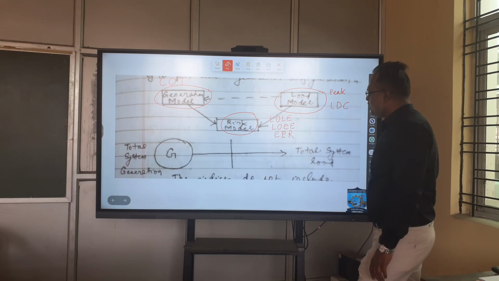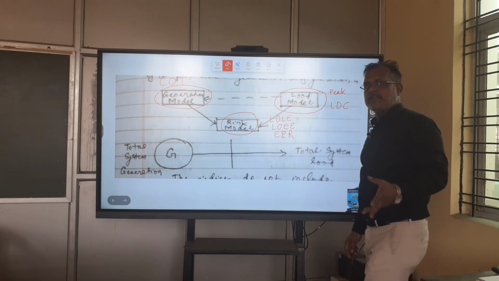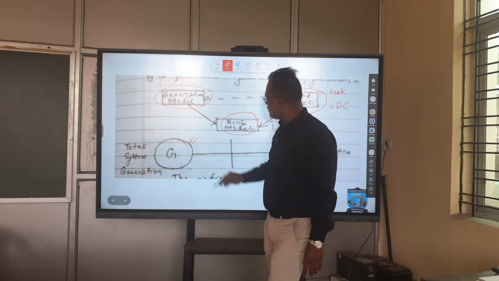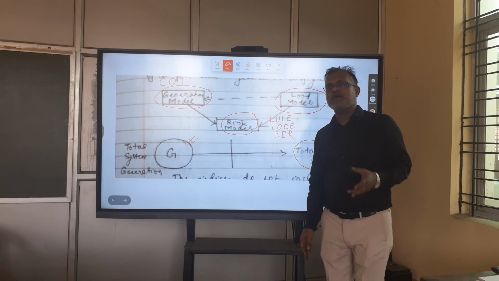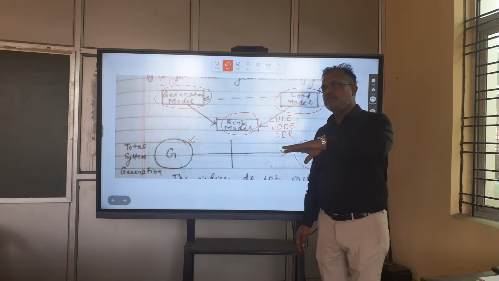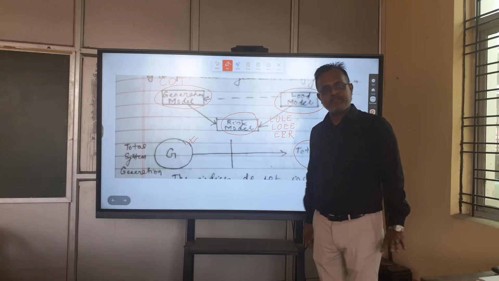And a typical generator for reliability analysis is given by a simple model. You have a generator which is supplying the system load. In normal power system analysis, we generally go for a single line diagram with infinite bus, PQ output and all those things. But here we are only concerned about the generator and the load that it is supplying.